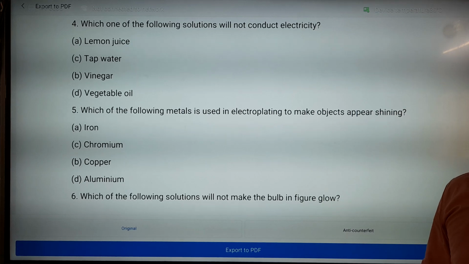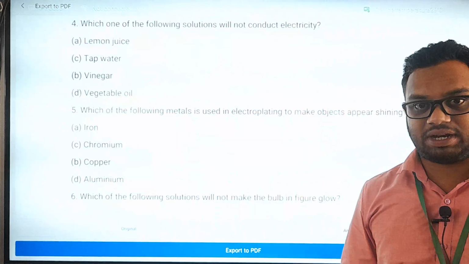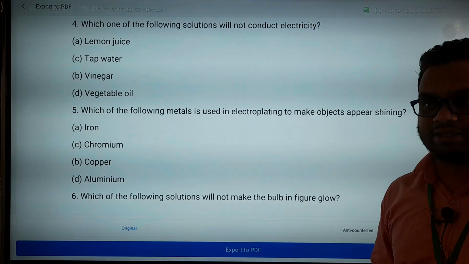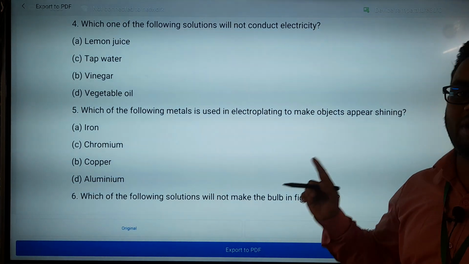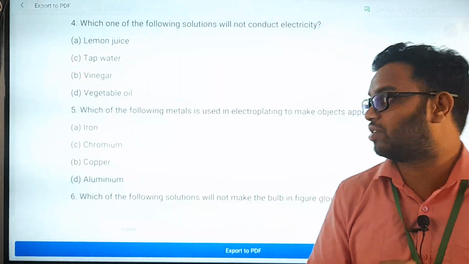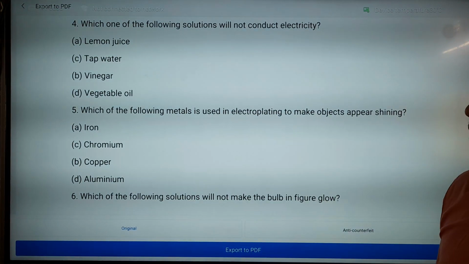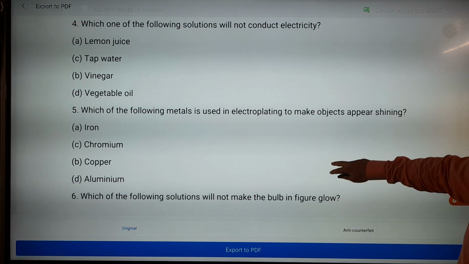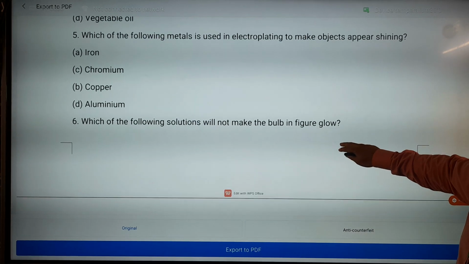Tap water has minerals, that's why it can also conduct. Vinegar also can conduct. But vegetable oil cannot conduct electricity. So the correct option is D. 4D. Done? Yes, sir.